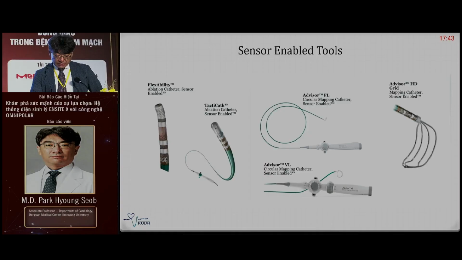You have to insert sensor-enabled tools to create the voxel field. Usually these are the FlexAbility and TactiCath, Advisor FL or Advisor VR catheters, and also the Advisor HD Grid catheter, which has a sensor in the distal shaft. You can create a voxel field with them.